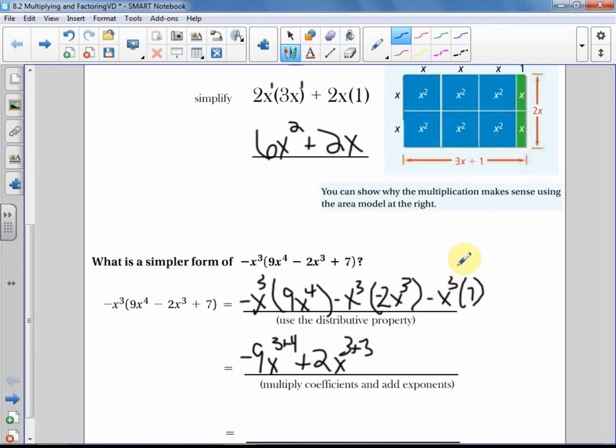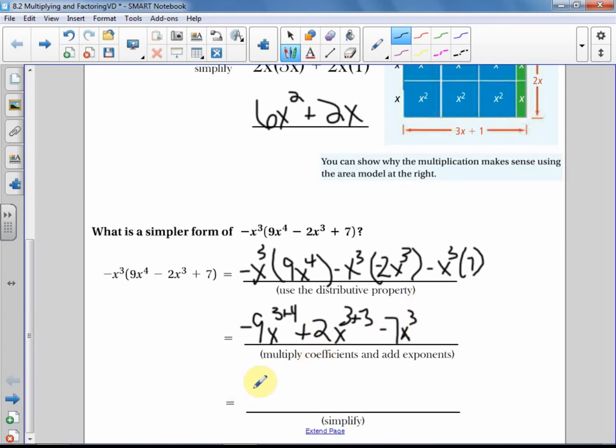And I have negative 1 times 7, negative 7x cubed. And now I'm going to simplify. So I'm going to add those exponents together. So negative 9x to the 7th power plus 2x to the 6th power minus 7x cubed. So, to get my final product, I multiplied my monomial by each of the monomials within the polynomial.